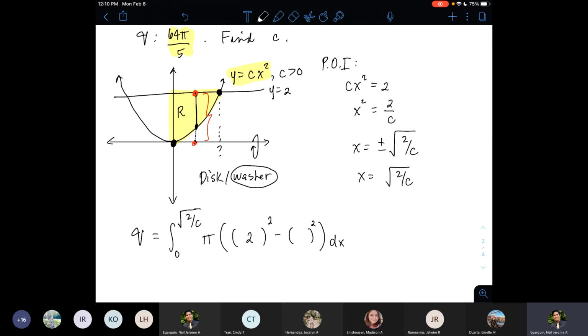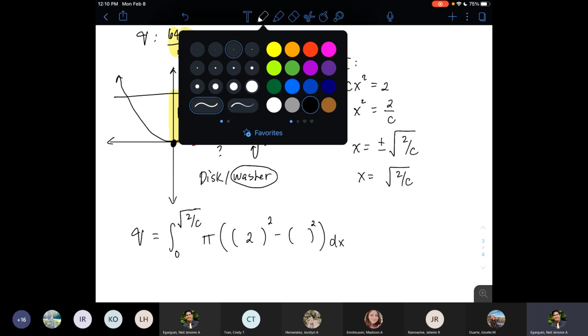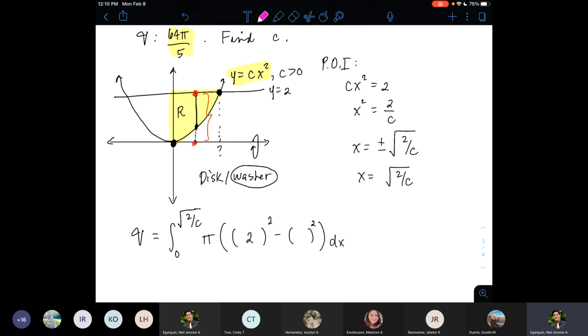Okay? Now, you could have done that without doing top minus bottom, because from the figure, you know that the outer radius will always be 2 units. But you can also go back to basics and do top minus bottom. Now the inner radius is basically how long the portion of the strip is that goes out of the region.